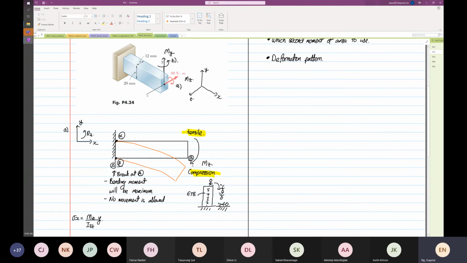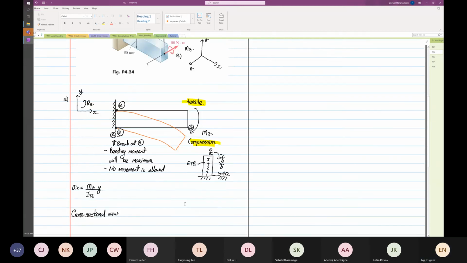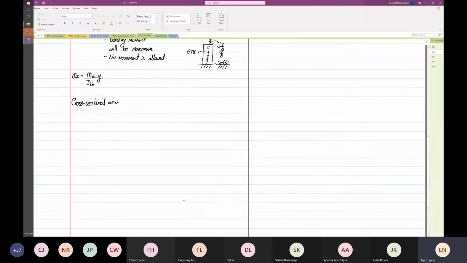Remember I wrote earlier, the head of the moment vector is always in compression. The tail end of the moment vector is always under tensile. Always. Now let's look at the cross-sectional view. So this is my y.